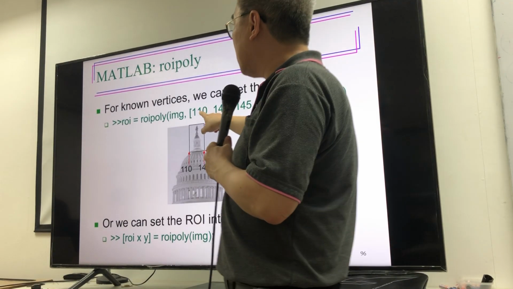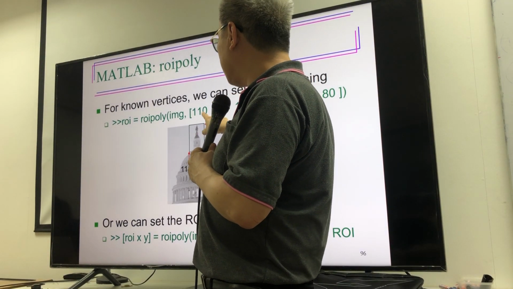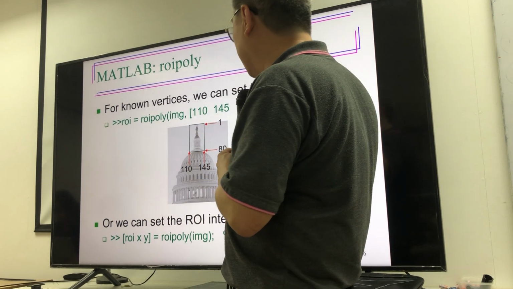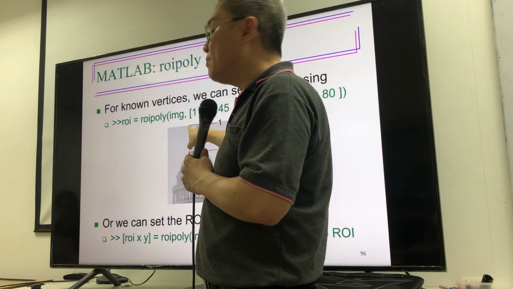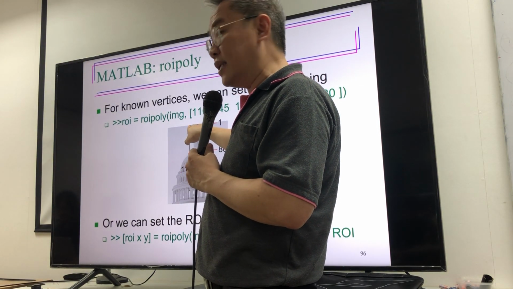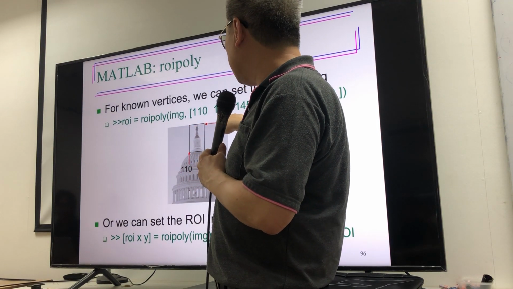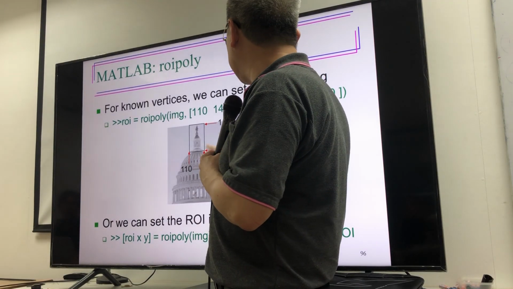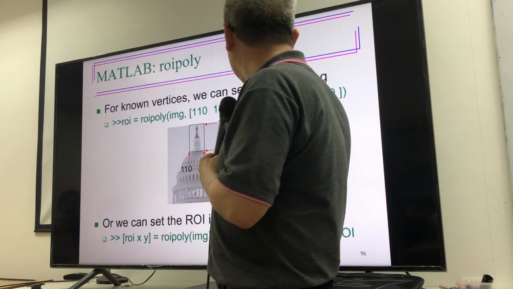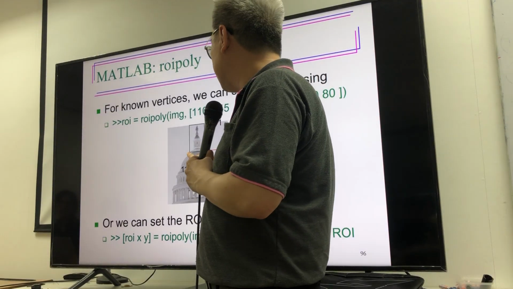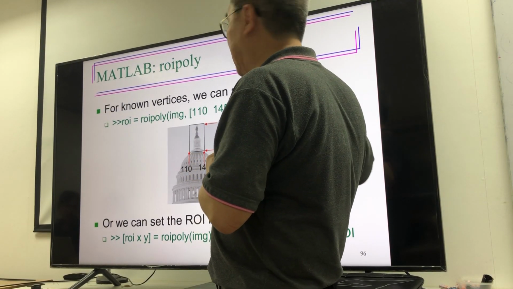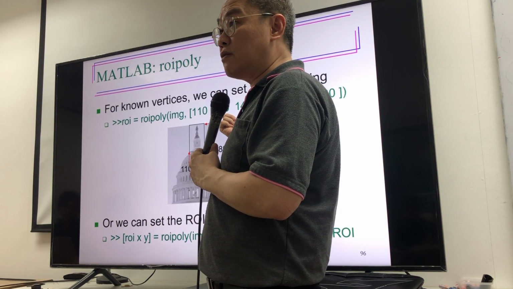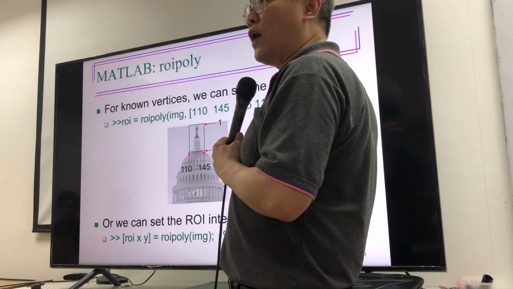For example, this point is 110, 1, this point is 145 and 1, this point is 145 and 80, and this point is 101 and 80. So you specify a set of x coordinates and a set of y coordinates.